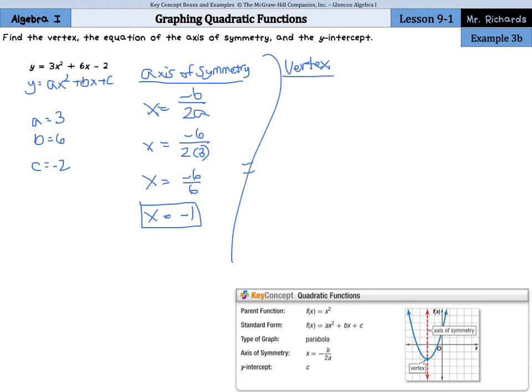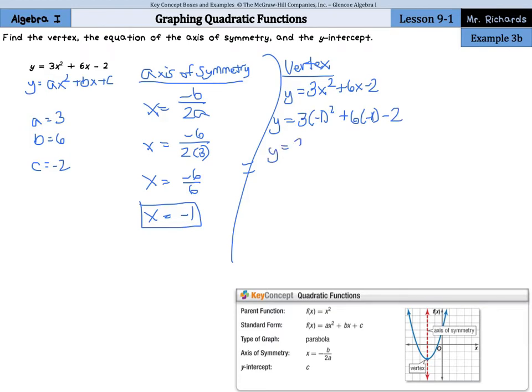We'll use the original function, y equals 3x squared plus 6x minus 2. We'll substitute in negative 1 for each of the x's, so y is going to equal 3 times negative 1 squared plus 6 times negative 1 minus 2.